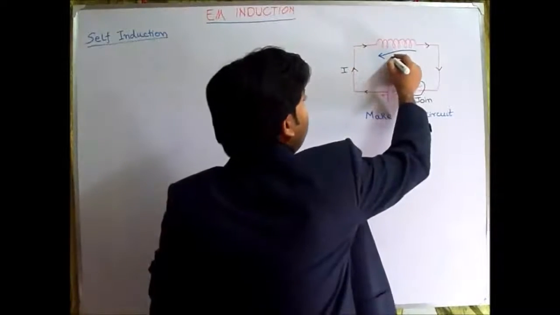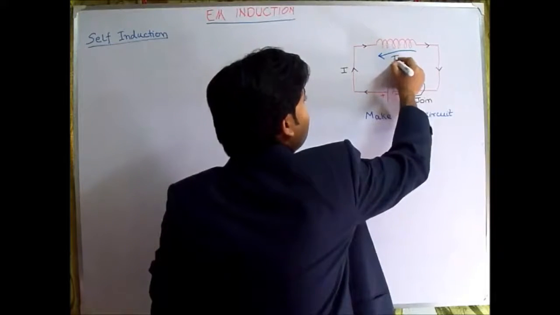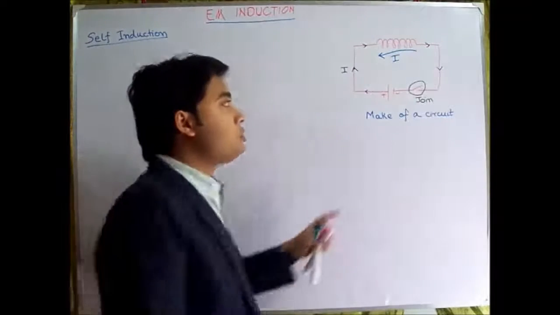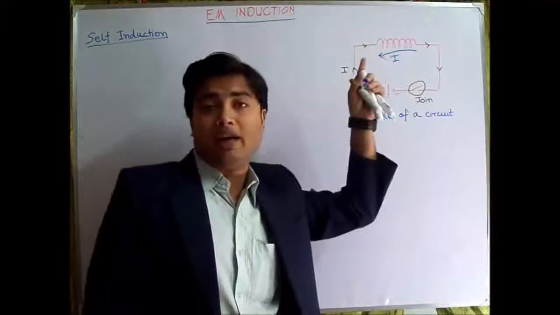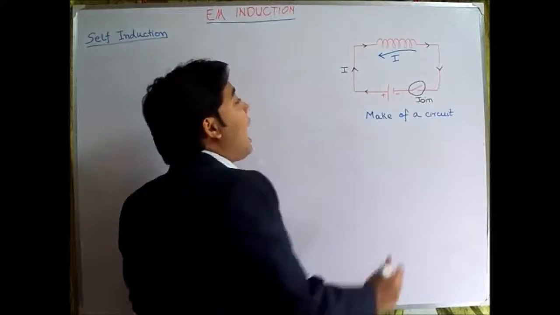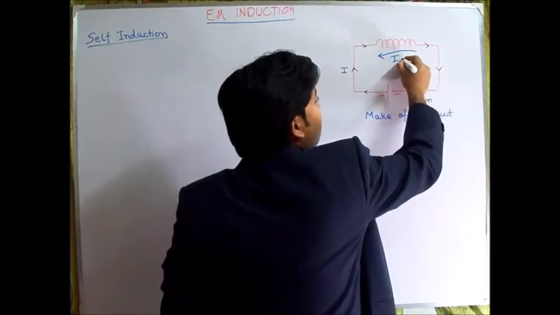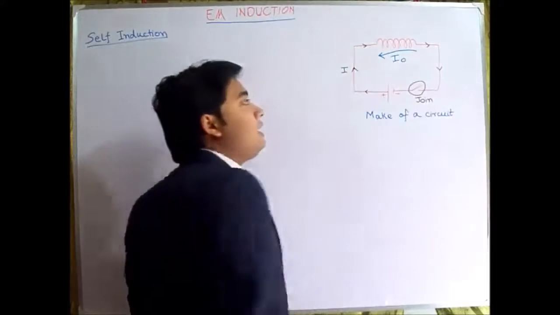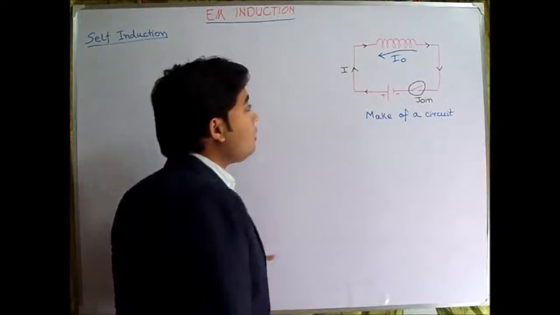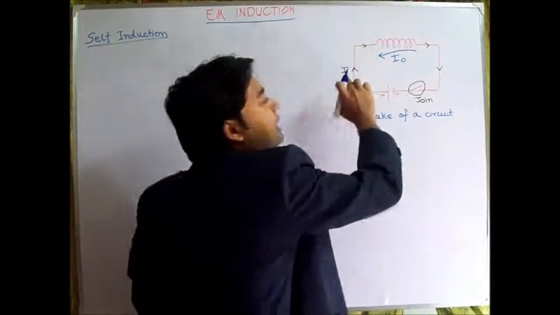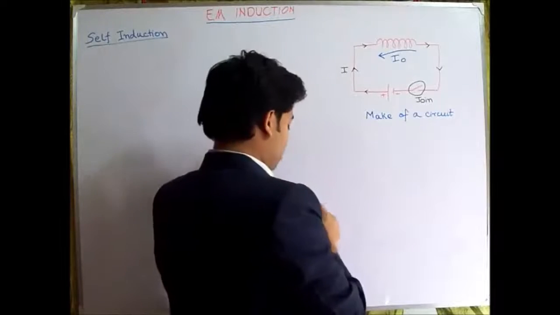So this is the scenario when the make of a circuit happens. Due to this opposing induced EMF, a current tries to flow, and say we denote it as IO. The IO and the I will be opposing.